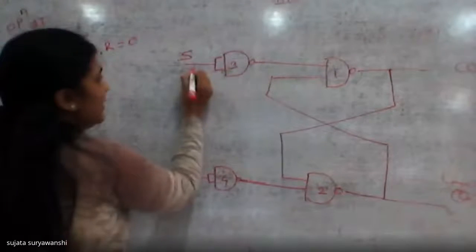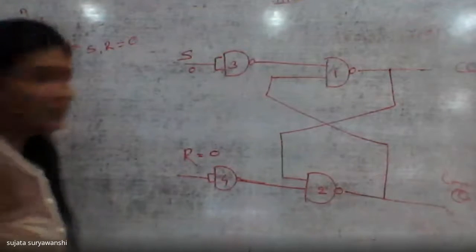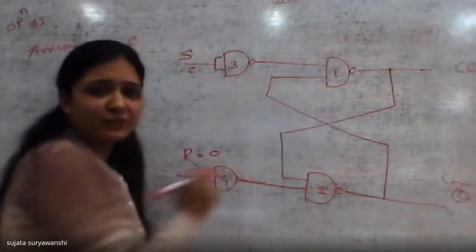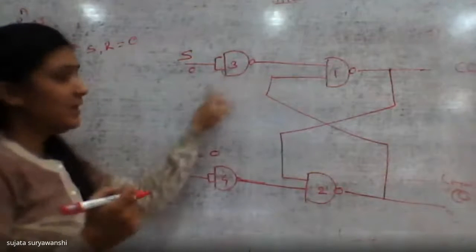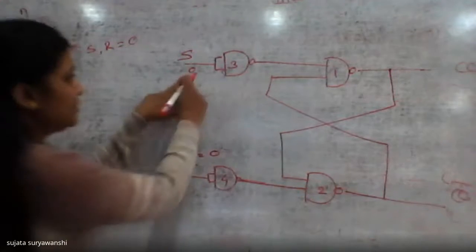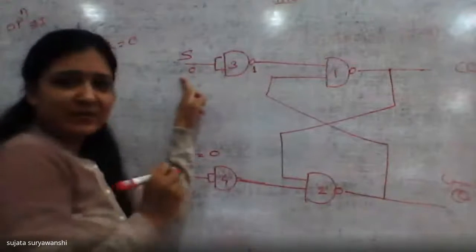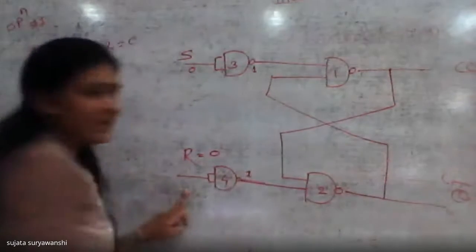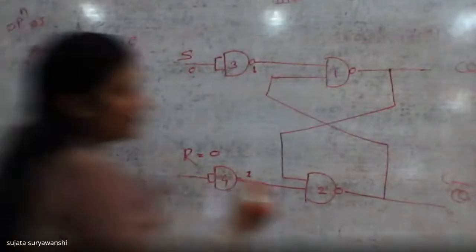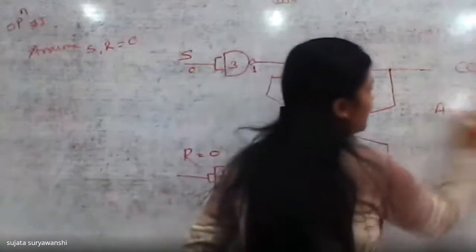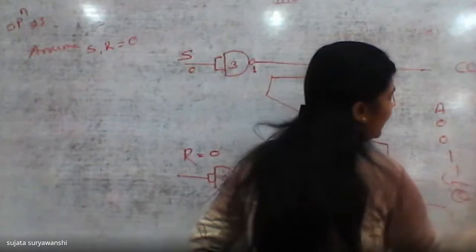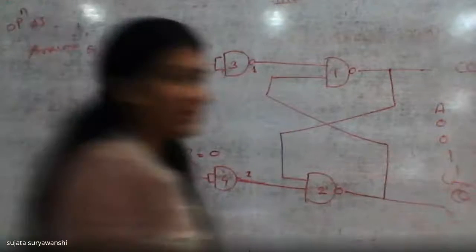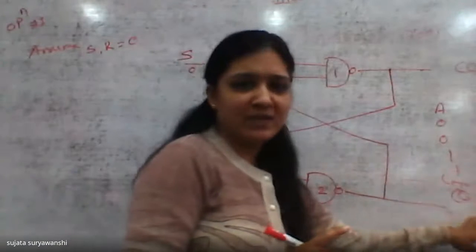Then what will be the output of the 3rd and 4th gates? It works as a NOT gate, so 0 is there, then the output of this NAND gate will be 1. You should know the truth table of the NAND gate. Suppose inputs A, B: 0, 0, 0, 1, 1, 0 and 1, 1. It is the reverse of the AND gate. The AND gate output will be 1 only when both inputs are 1.